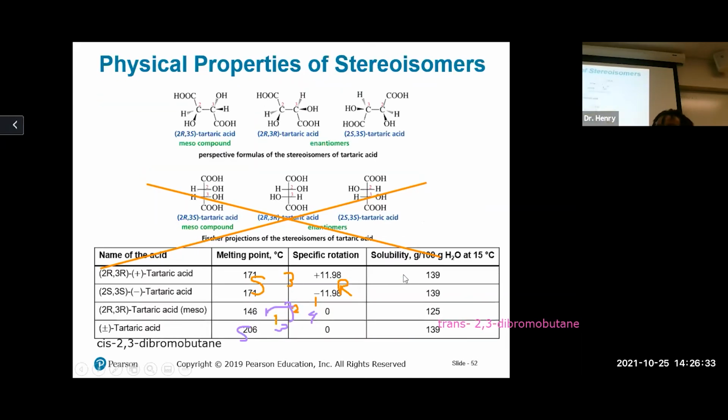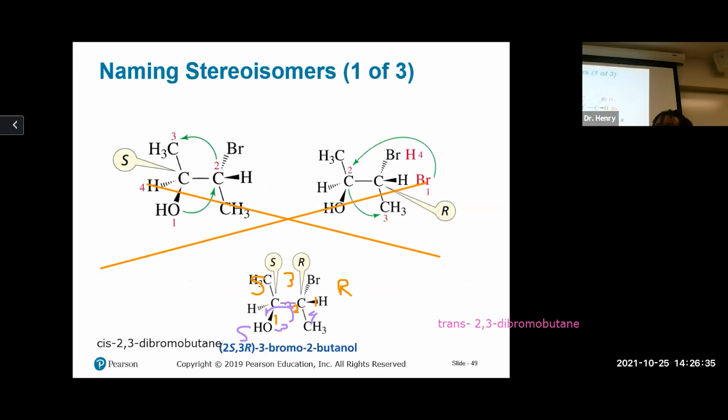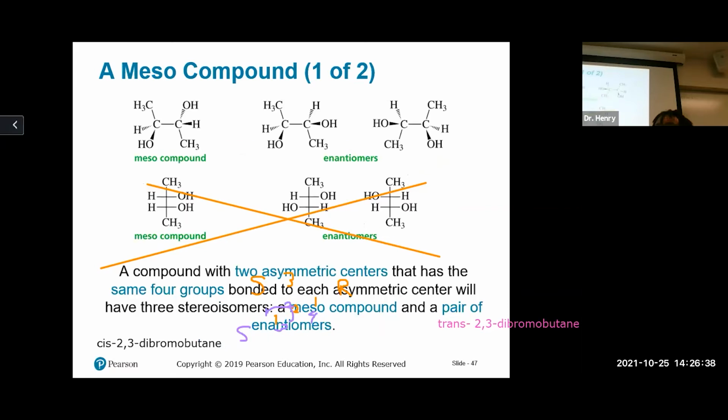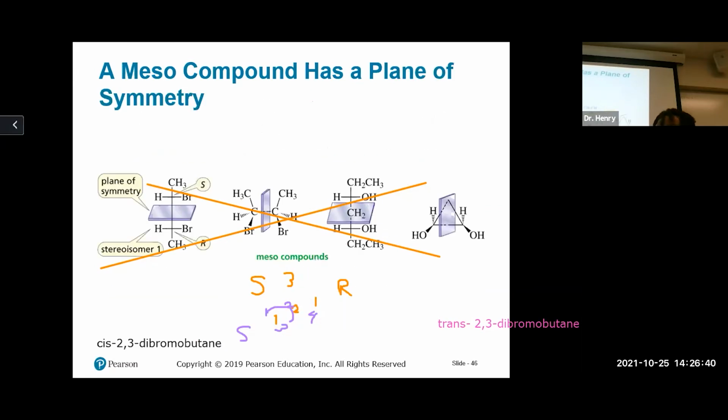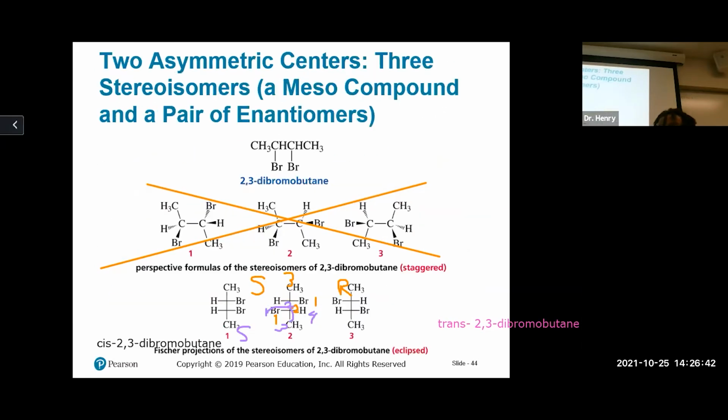Okay, so this first one, number 2, is going to be S. So that's 1, 2, 3, 4.